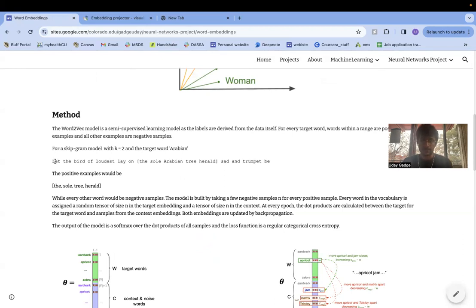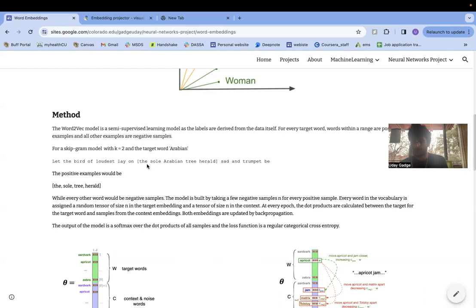In the case of an example like this, for the word Arabian, if we take the context width to be 2, then these two words on the left and the two words on the right would be considered as positive context words, and the words outside this boundary would be considered negative context words. The way Word2Vec is implemented is that it initializes random vectors for target and context words.